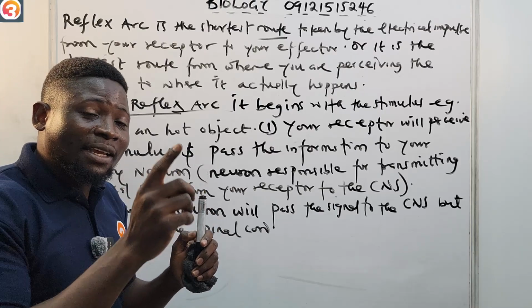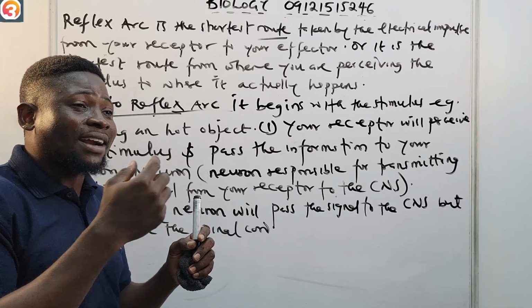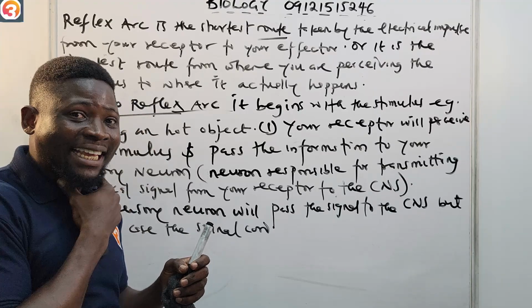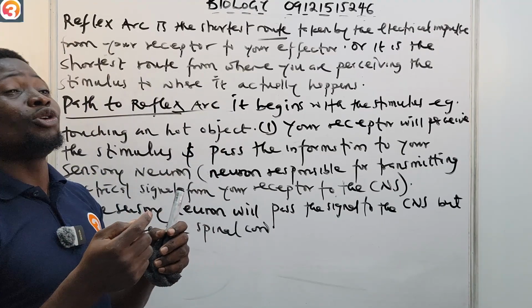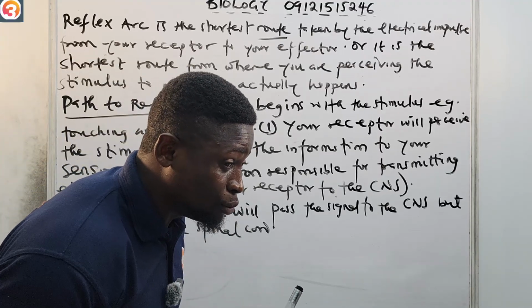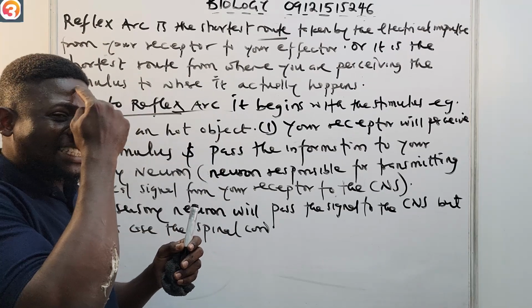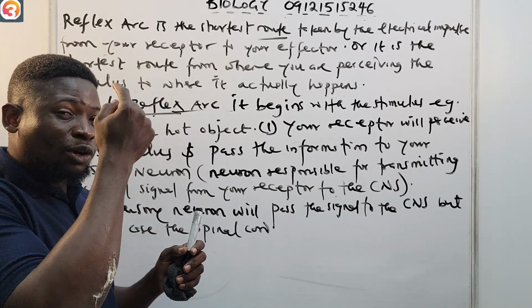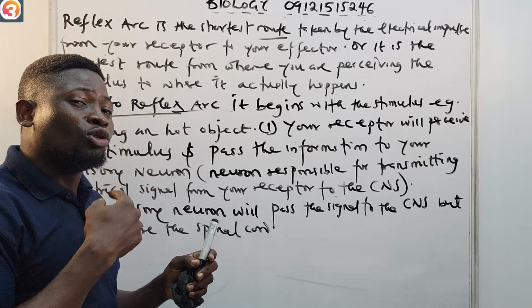Now, if the stimulus is perceived around your face or your neck, let's say you touch your forehead to a hot kettle while you were in the kitchen. Once you touch the hot kettle, you withdraw it, isn't it? That signal, once the receptor perceives it, does not send it to your spinal cord.